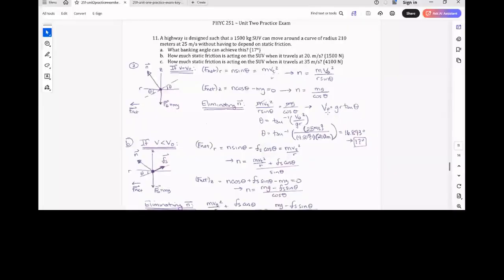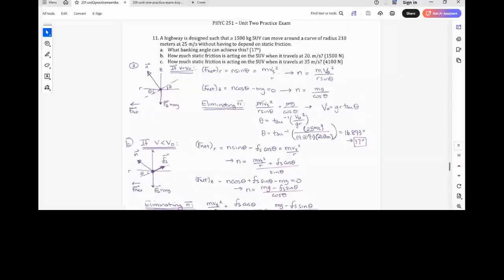And cross multiplication shows me that v0 is going to be equal to the square root of g r times tan theta. In this question, we're trying to solve for theta, so I can just take the inverse tangent of this ratio, v0 squared over g times r.